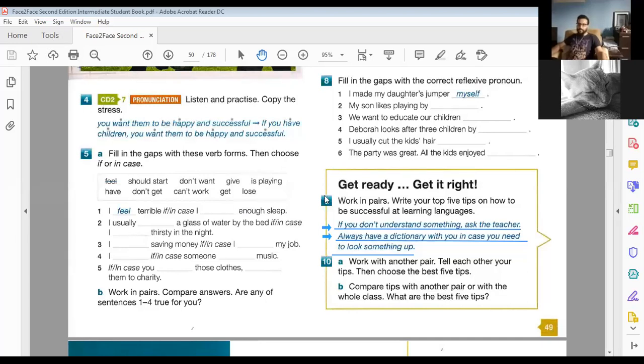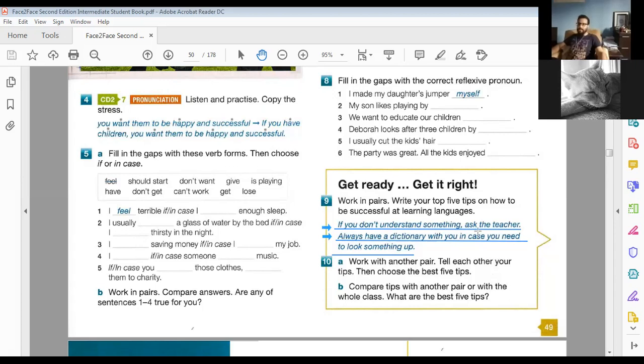The ones in blue here. Okay. If you don't understand something, ask the teacher. Always have a dictionary with you in case you need to look something up. All right. So here the idea, you're going to give me, imagine I'm your beginner friend, student, or whatever, okay?